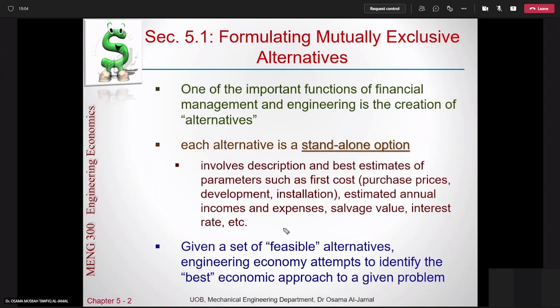Given a set of feasible alternatives. Feasible alternatives. What does feasible mean? The available, the real ones. So, for example, one of the calculations of one of the investments, he told you that you are going to invest this much of money, you need to pay yearly this much, and that will be your profit, and at the end, that is what you're going to get as a salvage.